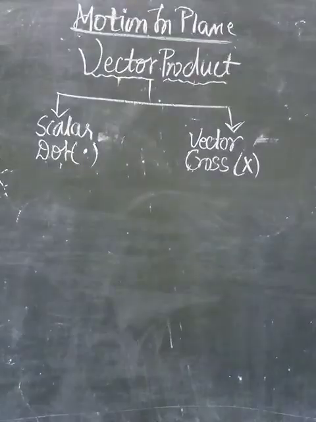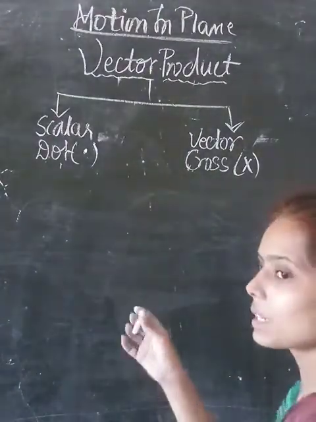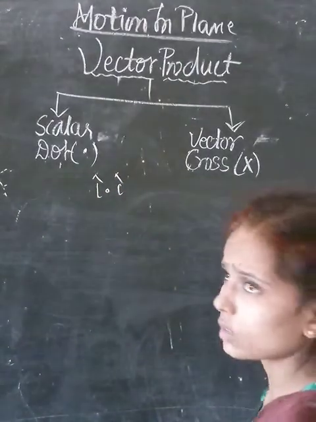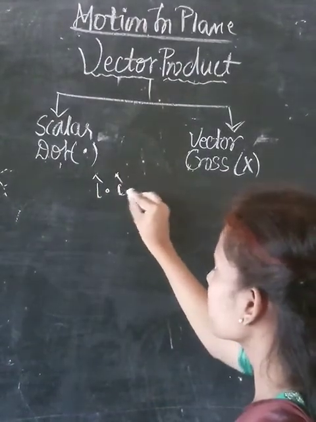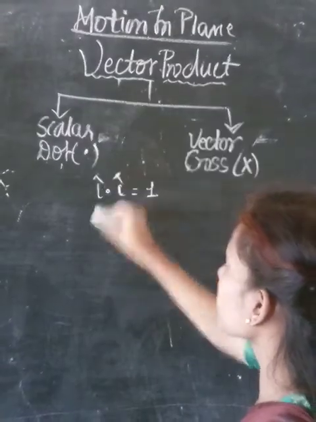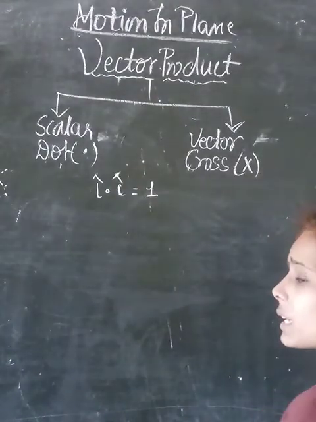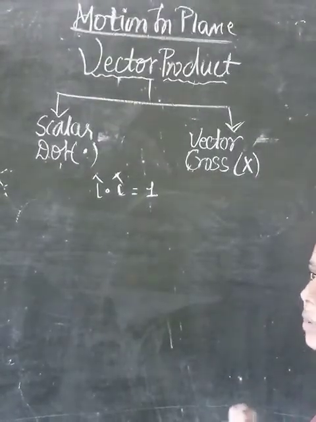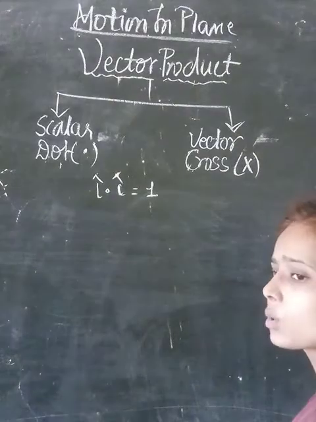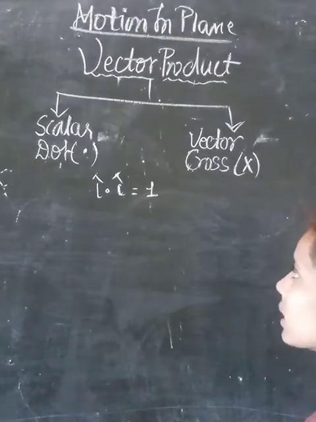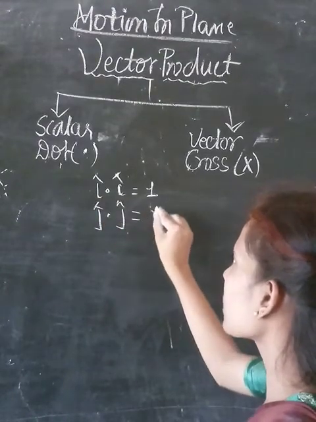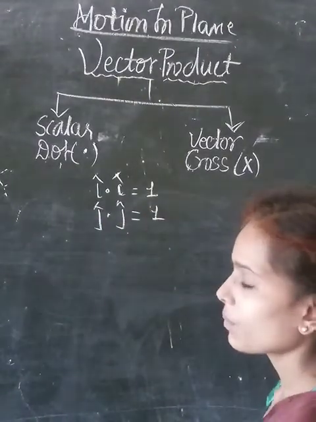Firstly, we will look at the dot product. For the dot product, when we take two quantities and multiply them, there are some values we have to put. That is, i dot i. When we multiply two quantities in the same direction in the dot product, they give 1. If vectors are in the same direction, only the magnitude is taken, and the direction is not taken into account. For the second axis, j dot j, the answer is also 1.